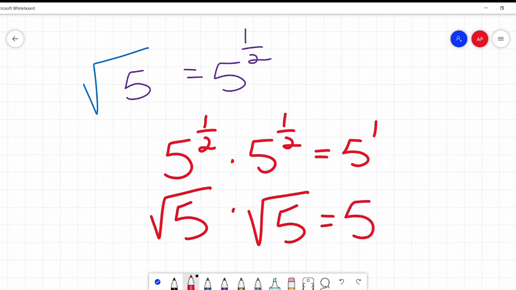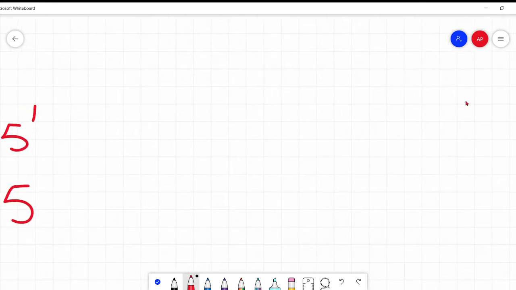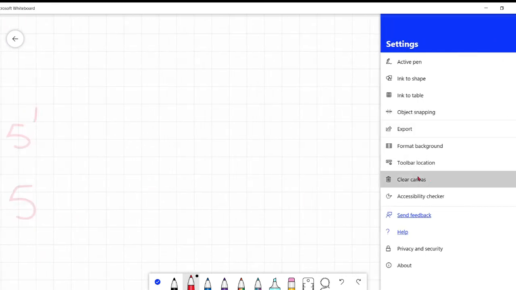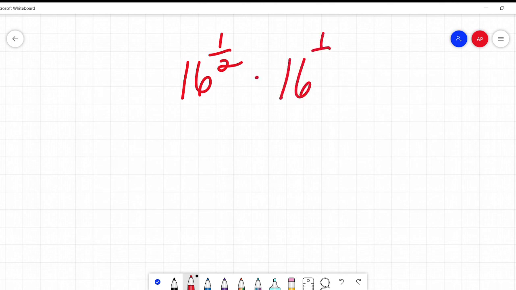And if that is a little hard to see, how the square root of 5 times the square root of 5 is 5, let's do some numbers that are perfect squares. So let's say 16 to the power of 1/2 times 16 to the power of 1/2. 1/2 plus 1/2 is 1. 16 to the power of 1, which is just 16.